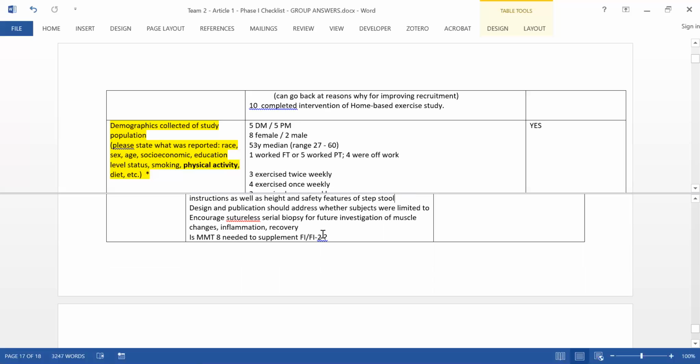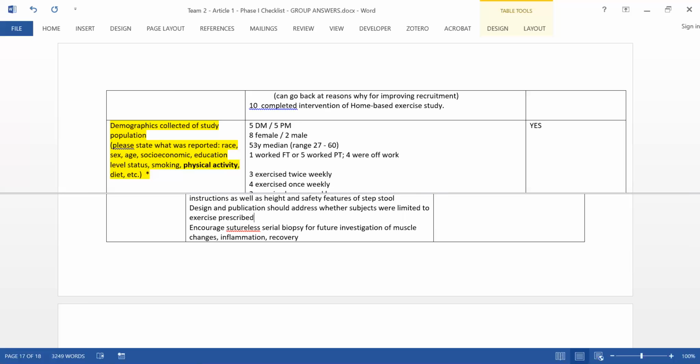The group also felt that the design and publication should address whether the subjects were limited to the said exercise, or were allowed to do other exercise.